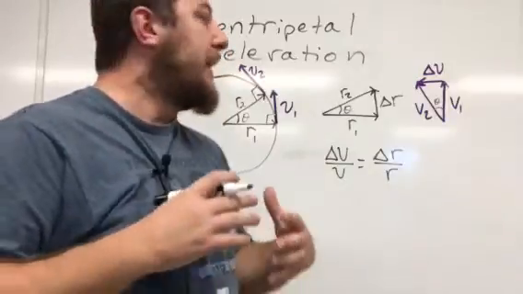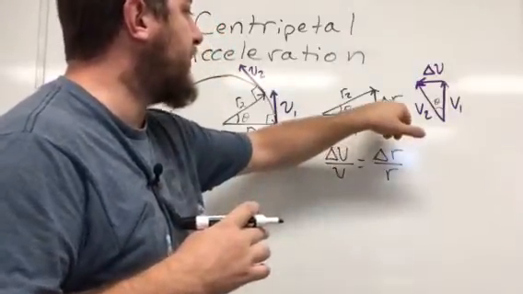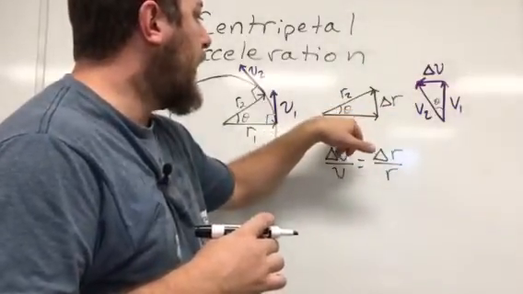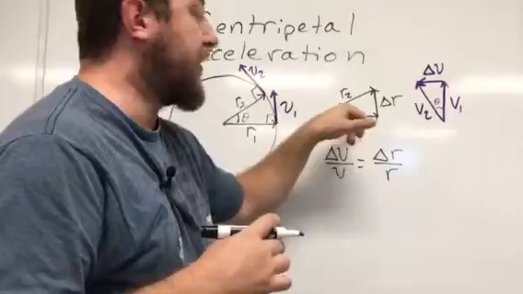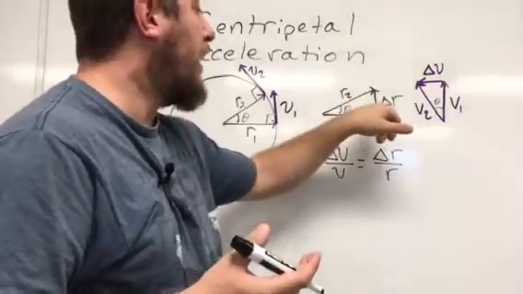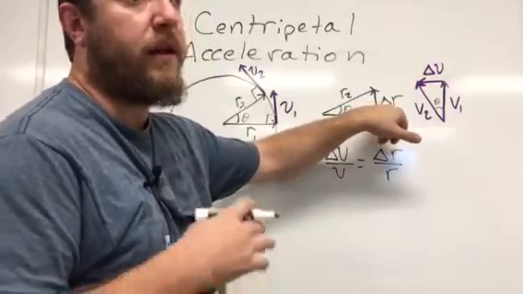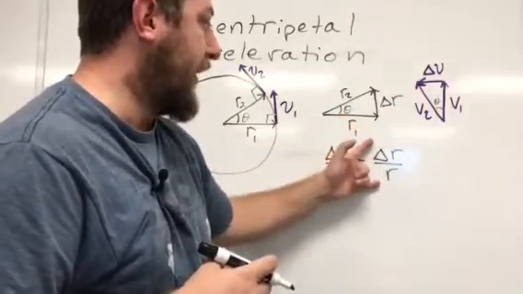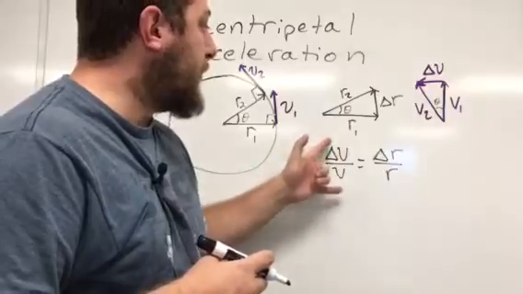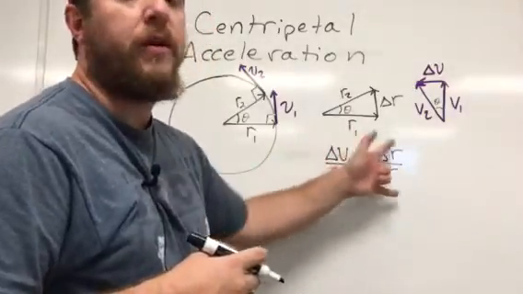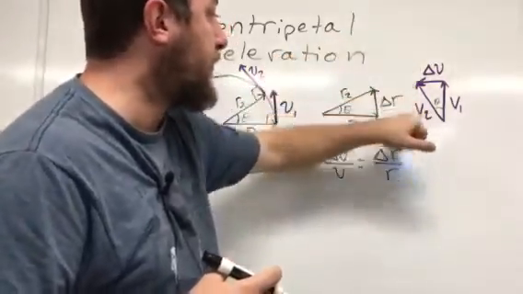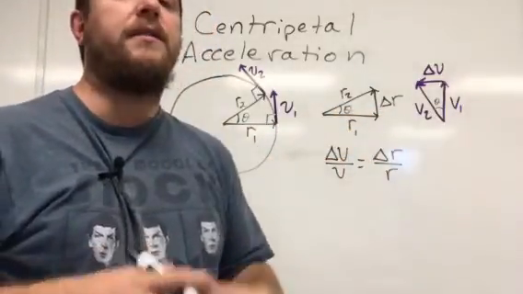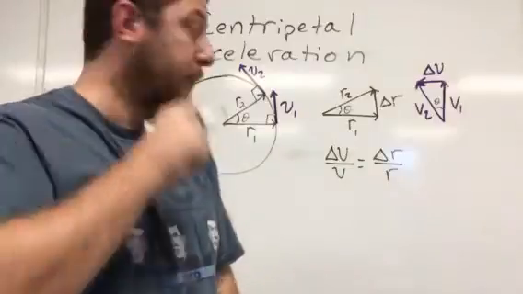There's a property that says if I take one of the non-isosceles legs and divide it by one of the isosceles legs, for any two similar triangles, that ratio is going to hold constant. So I can take delta v over v and delta r over r, and that ratio will stay constant because these triangles are similar.